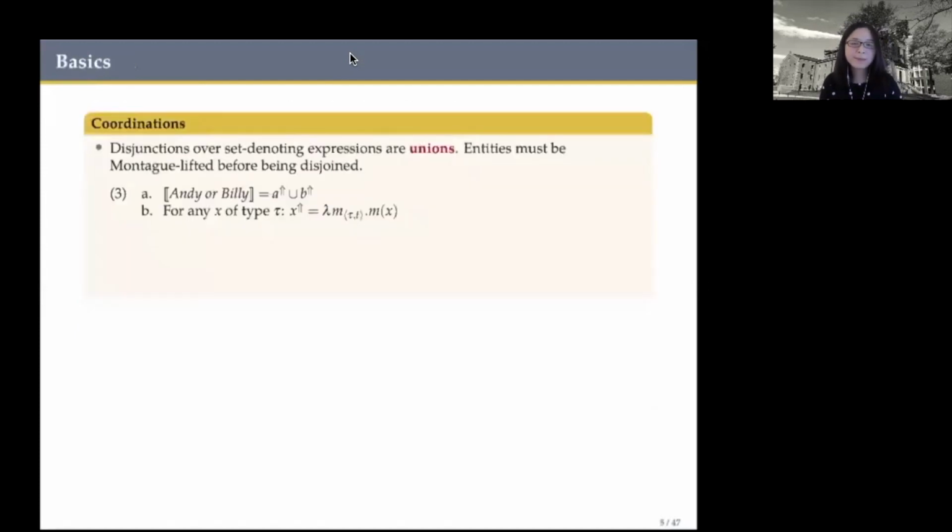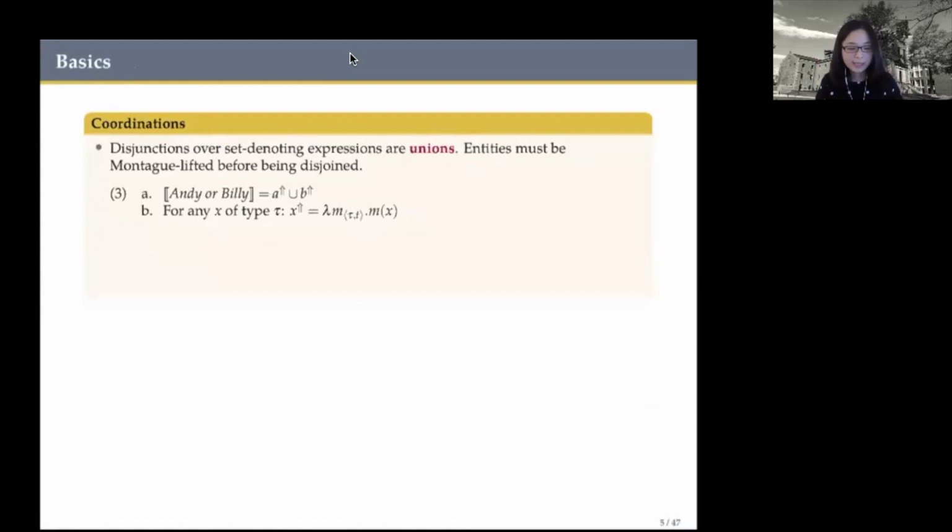Before I start, let me quickly review some basics about coordinations and generalized quantifiers that most of us have learned in intro semantics. For coordinations, disjunctions over set-denoting expressions are treated as unions. Entities, because they are not sets, have to be Montague lifted before being disjoined.